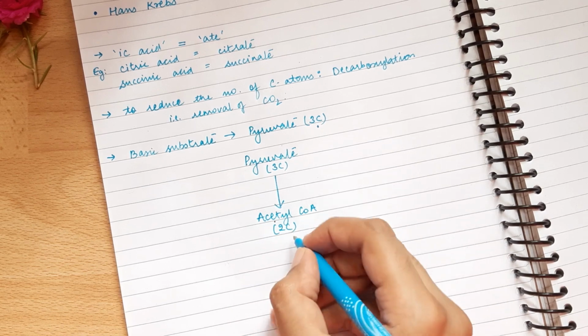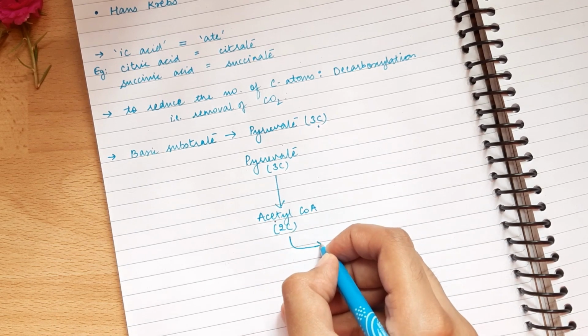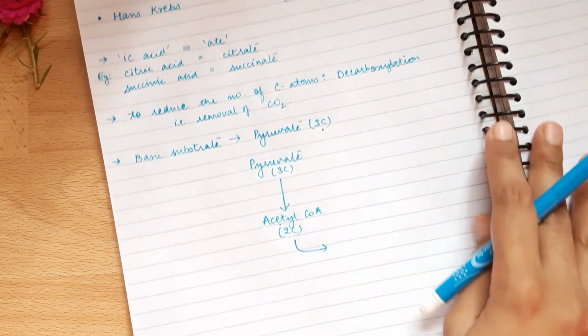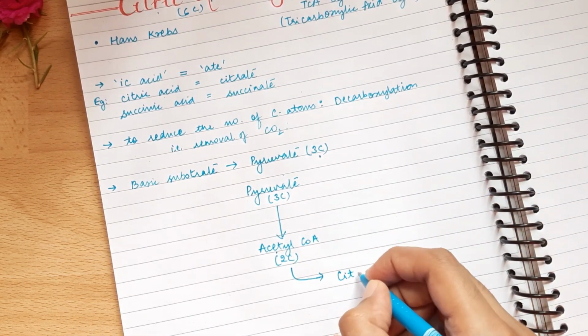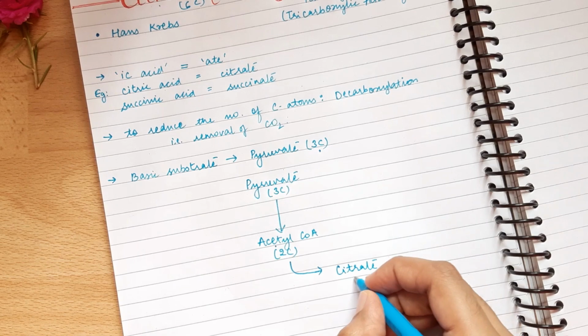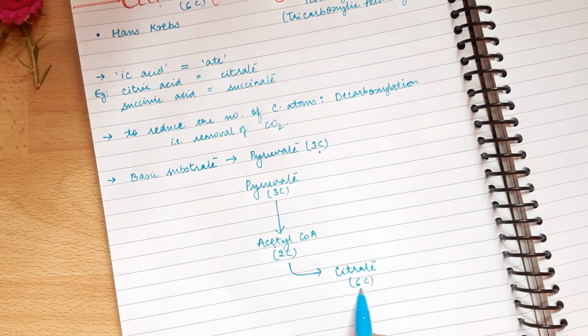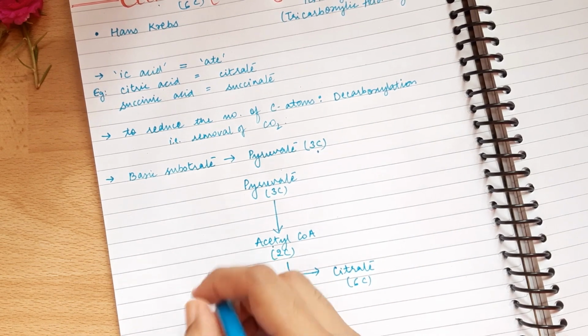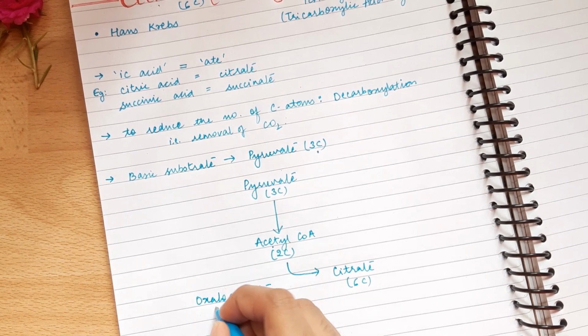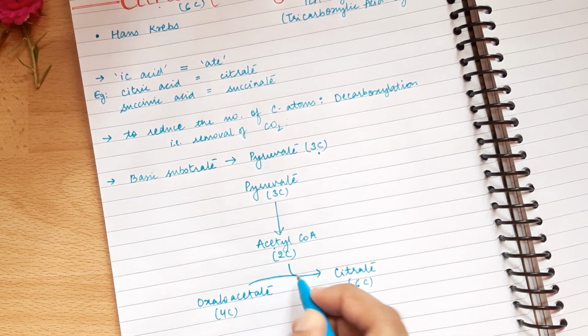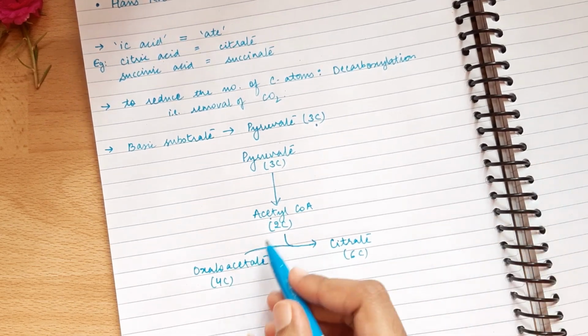Now this 2-carbon molecule is to be converted to citrate, which is a 6-carbon molecule. Now basic maths. In order to get the 6-carbon molecule, we need to react a 4-carbon molecule with this acetyl-CoA, which in this case is oxaloacetate. So 4 plus 2 gives 6.